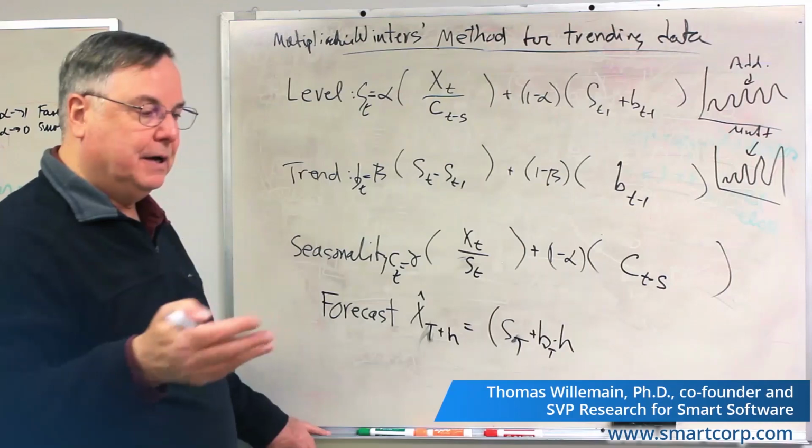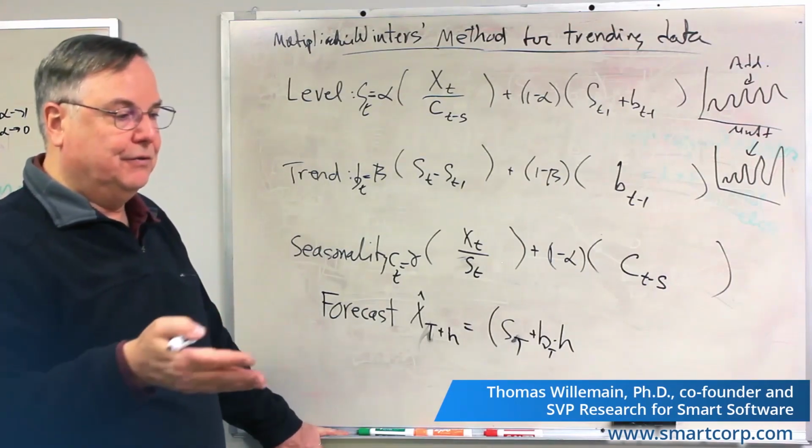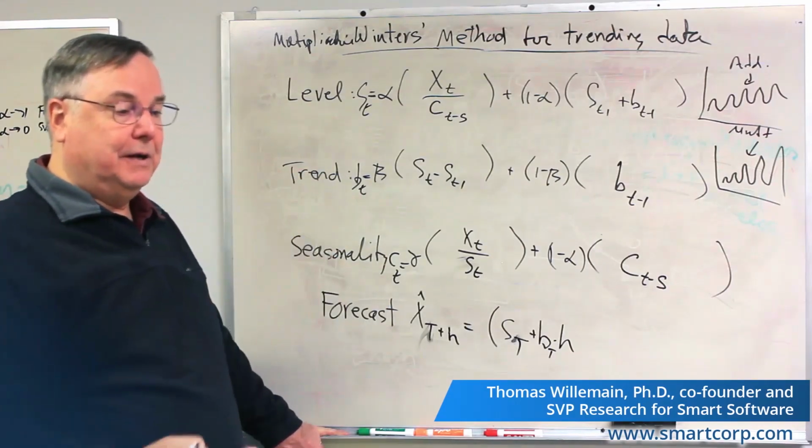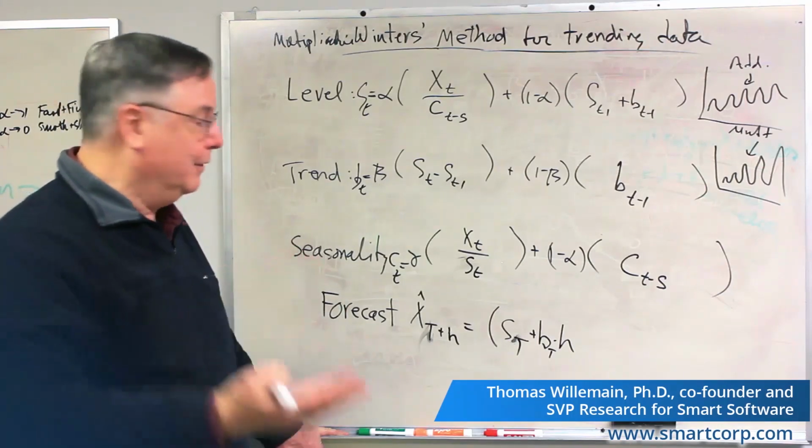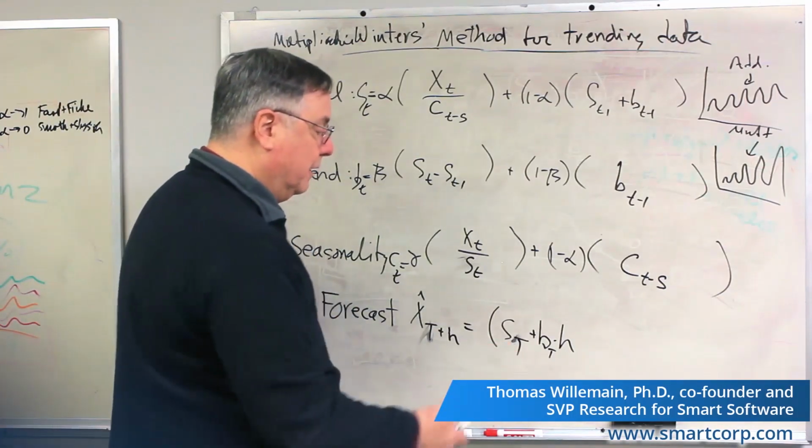So if we're going up by, say, 10,000 units a month and we're going 3 months ahead, we'd add 10,000 times 3, 30,000 to wherever we think we are now.